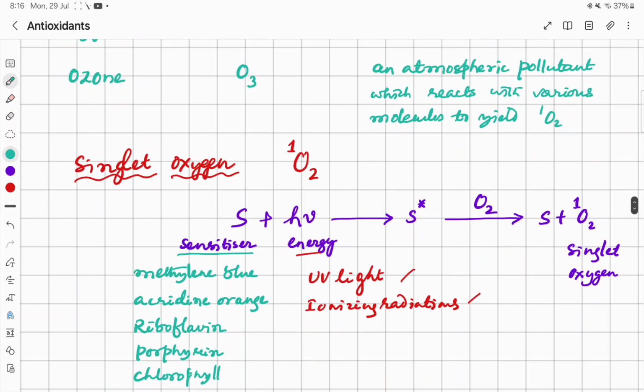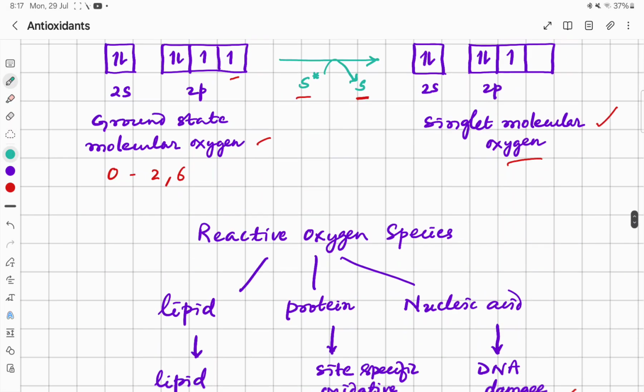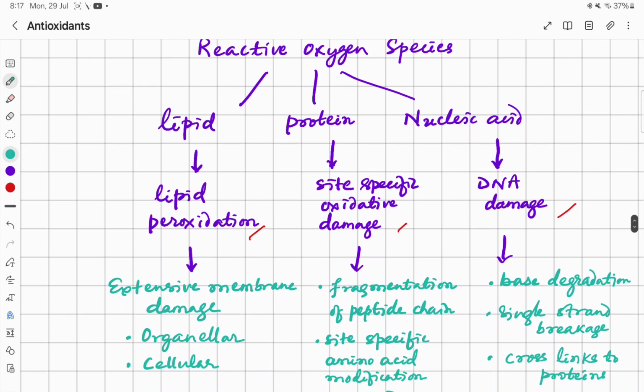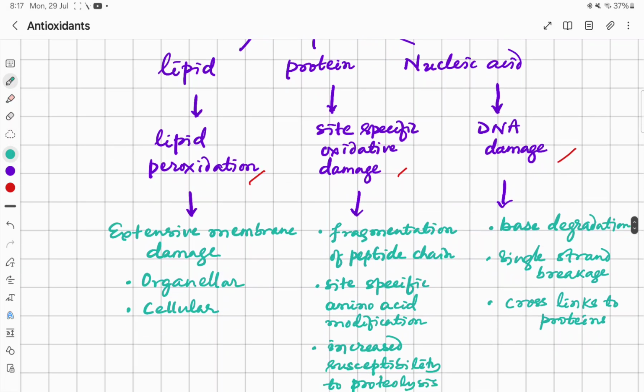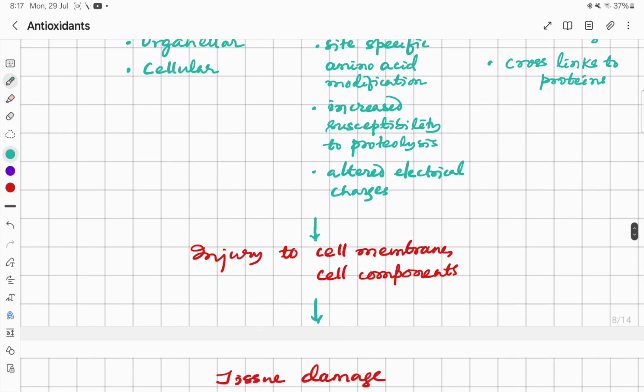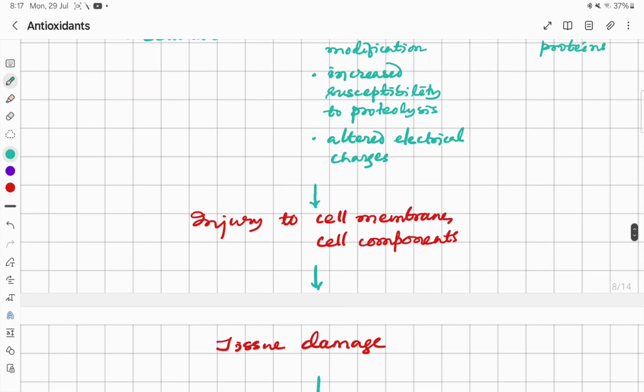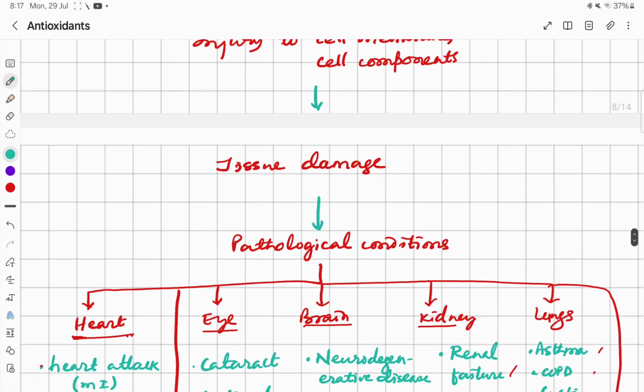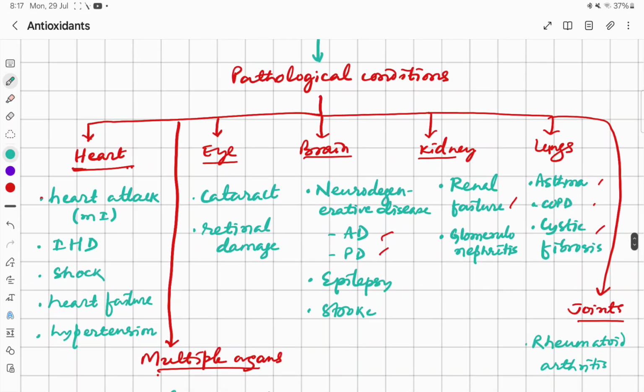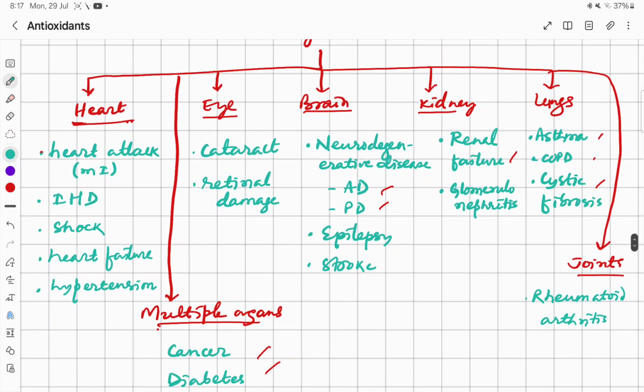These reactive oxygen species then cause lipid peroxidation and site-specific oxidative damage in proteins and also nucleic acid damage, and that can cause injury to the cell membrane and other cell components, and can lead to different pathological conditions in almost all the organs.